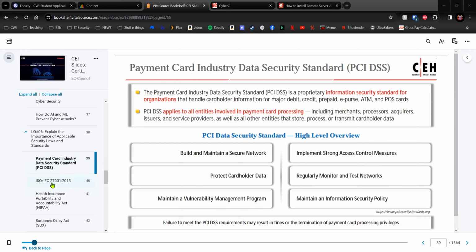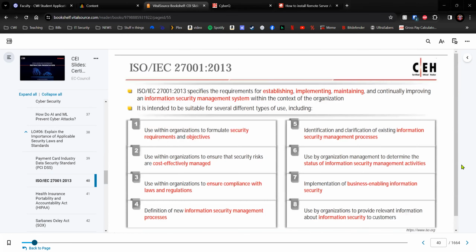ISO and IEC. Okay, there's a whole bunch of different ISO standards. This is 27001:2013. There's a whole bunch of different ones, but this one specifies the requirements for establishing, implementing, maintaining, and continually improving information security management systems within the context of an organization.